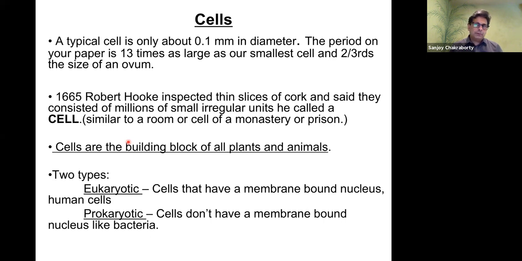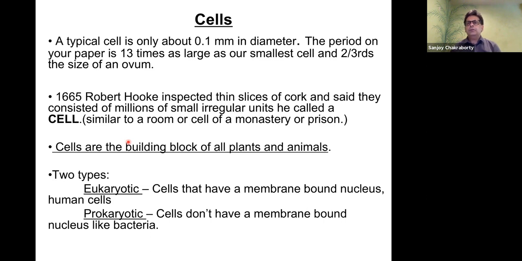Although atoms and molecules are smaller than a cell, why can we not call them that? Because atoms and molecules don't have all the properties that life has. For example, they can't reproduce, okay? But the cell can. So a cell can do the work that you can do as a human, as an organism.